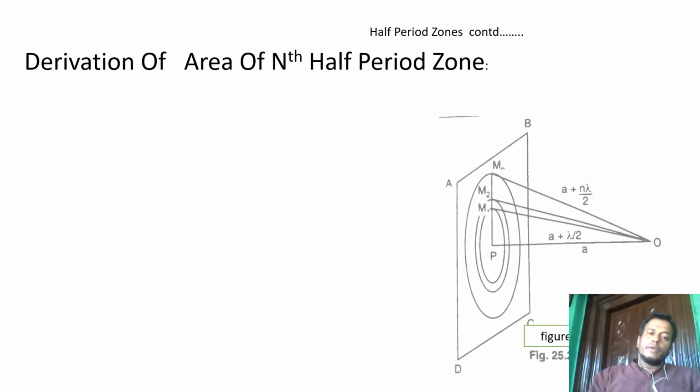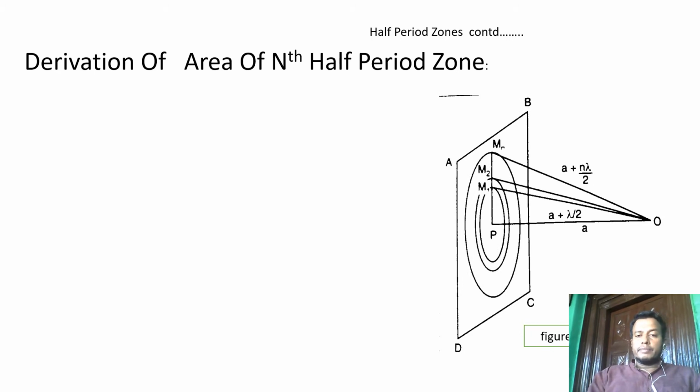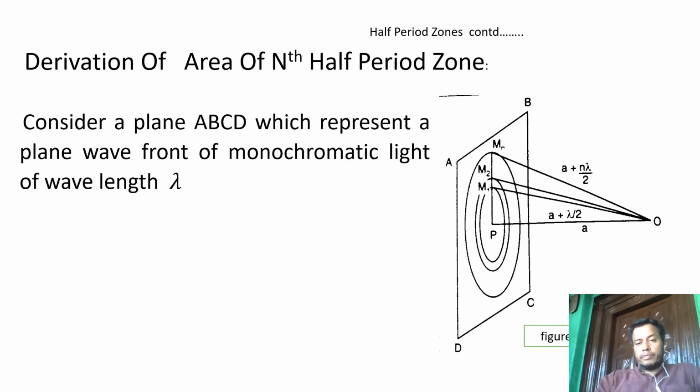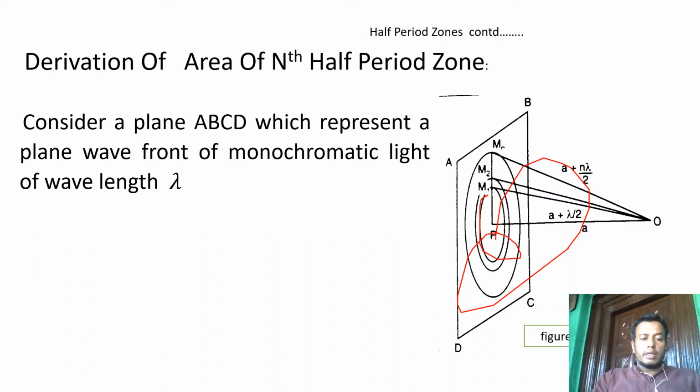Let's derive an equation for the nth half period zone. From this figure we can see the wavefront ABCD which is incident on the half period zone. The light of wavelength lambda comes from the left side to the right side of your screen and hits this zone plate.